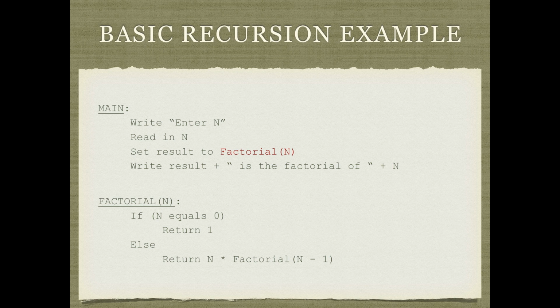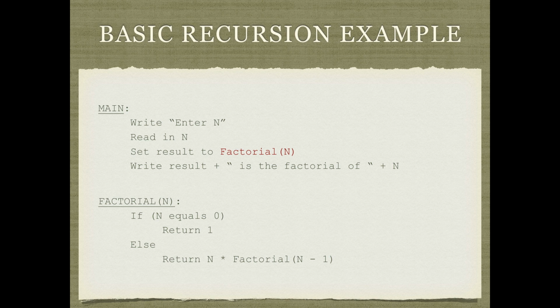So, for example, let's use the number 5. So factorial of 5, we compare 5 to 0. 5 does not equal 0, so we execute the else block, which says return the number 5 times whatever result you get of factorial of 5 minus 1, which is 4.